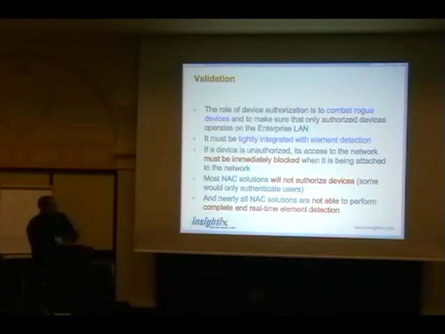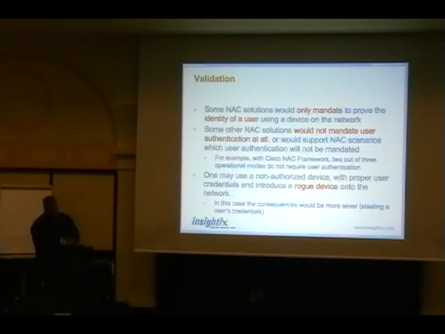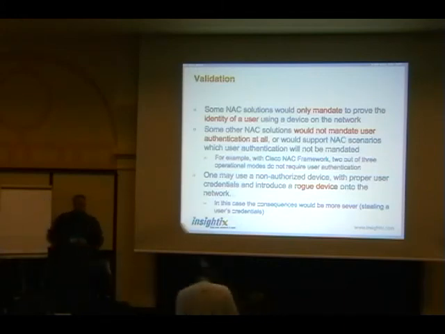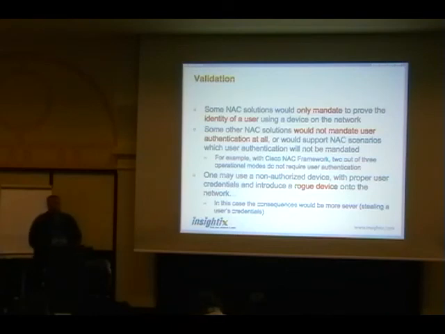And basically, since they lack the ability to understand the contextual network information, the time gap that a certain element or user will have to do whatever he wants on the network is quite substantial. On the other hand, if you look at those solutions that mandate only user authentication, then there's a problem here as well.